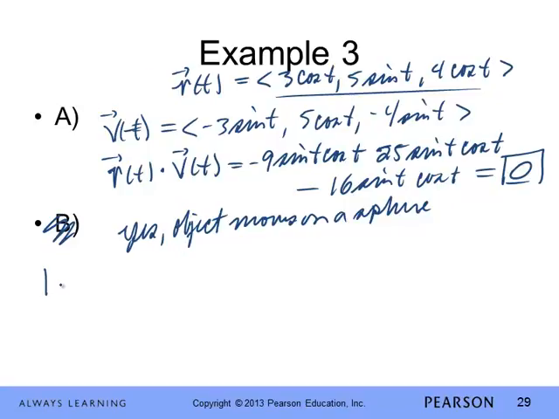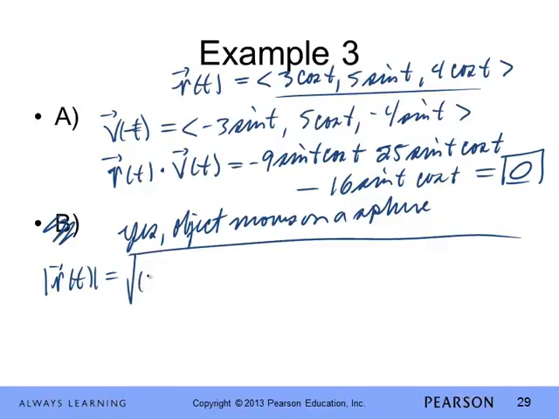So go ahead and take the magnitude of r. You have 3 cosine of t squared plus 5 sine of t squared plus 4 cosine of t squared.